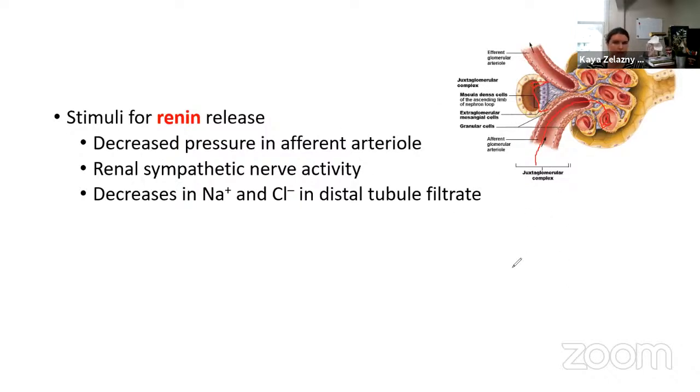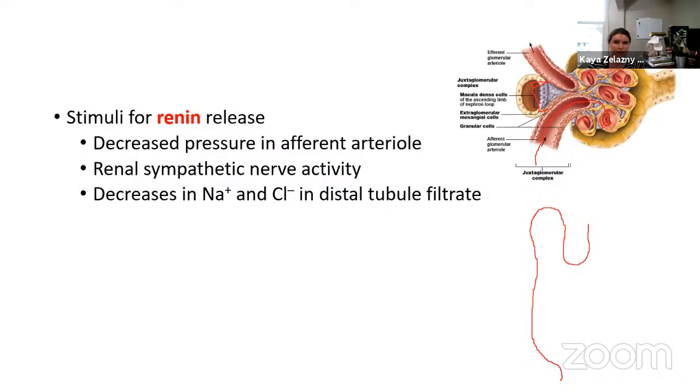This is our distal tubule after we've looped through the loop of Henle, and then we're preparing to loop back down and excrete this fluid as urine. So if we see decreases in these concentrations of sodium and chloride in the distal tubule filtrate, that actually is usually a sign that they're not getting as much filtered into the nephron in the first place.